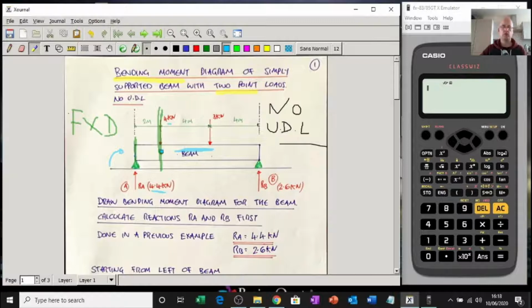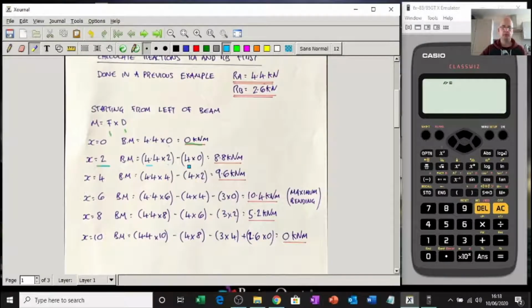Well, we're directly below it, so there's the force, there's the distance. So there's no moment produced at that point yet. There will be in a bit, once we get past the 4. So at x equals 2, I've just got this, sum of the moments. So in your calculator, 4.4 times by 2.